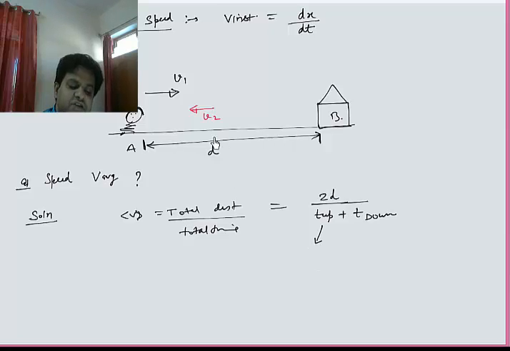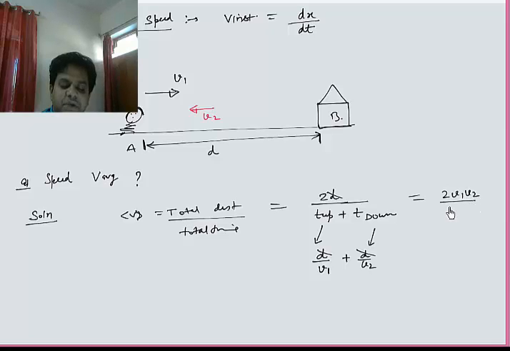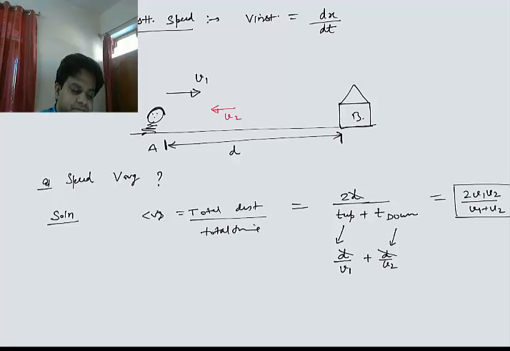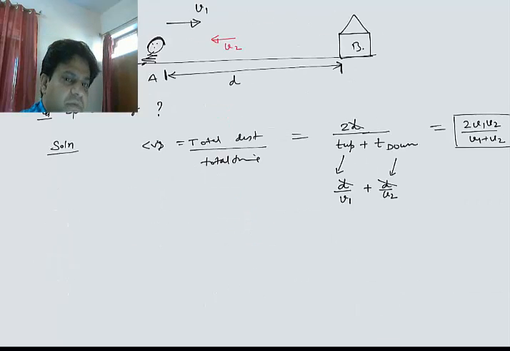Time taken in the upward journey to cover this distance d with speed v1 is distance upon speed, d by v1, and the downward journey time will be d by v2. So d and d will get cancelled, and the average speed of the person while moving from point A to point B and then coming back is simply 2v1v2 upon v1 plus v2. So this was the average speed of the person.